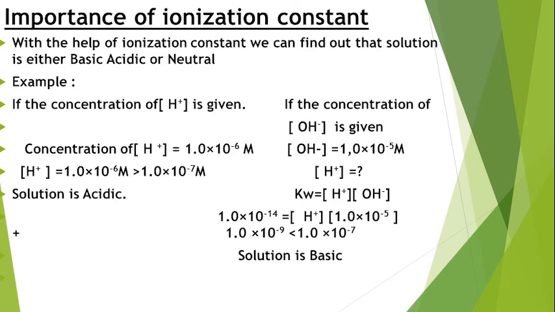By putting in the values of all these quantities, we have 1.0 × 10⁻¹⁴ equals the concentration of H⁺ ion multiplied by 1.0 × 10⁻⁵, which is the value of OH⁻ ion in this question. After solving the problem, we get 1.0 × 10⁻⁹, which is smaller than 1.0 × 10⁻⁷, which shows the solution is basic.